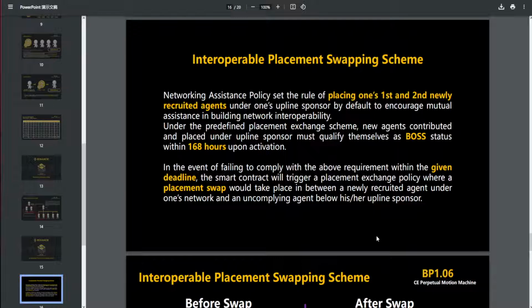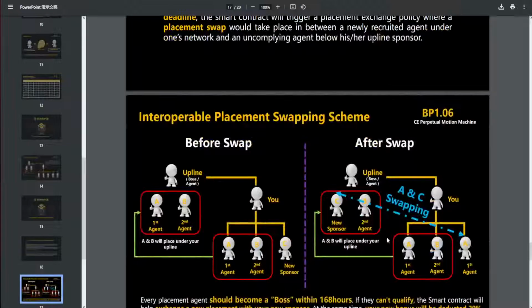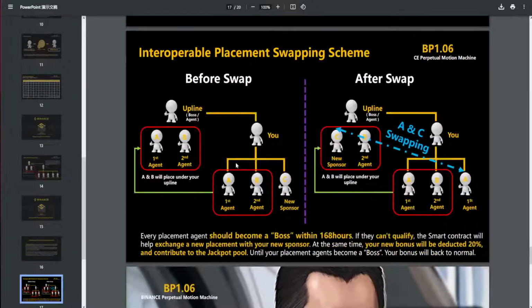But if you don't become a boss in 168 hours, upon activation, upon deposit, there's this swapping mechanism that takes place, and they deduct 20% of your bonus, which goes to the jackpot pool. So it's important that you make yourself a boss within the first 7 days. If you become a boss in 7 days, nothing happens, everything goes smoothly, no bonus is deducted.